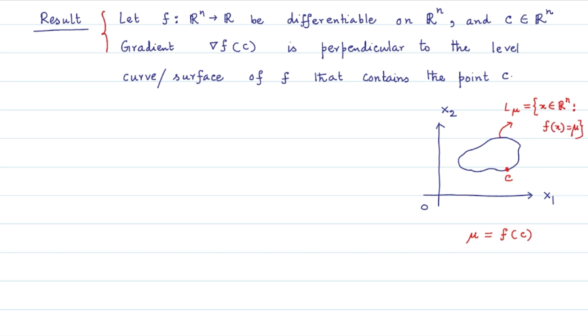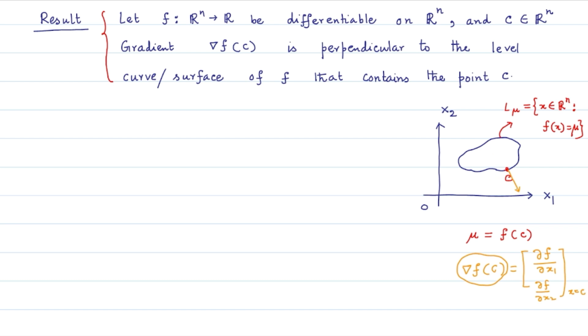This result states that the gradient vector of f at C, that is this vector having two components del f del x1 and del f del x2, if we are considering a function of two variables, at the point x equal to C, this vector in this x1 x2 plane, if placed at the point C, then that grad f is perpendicular to this level curve.